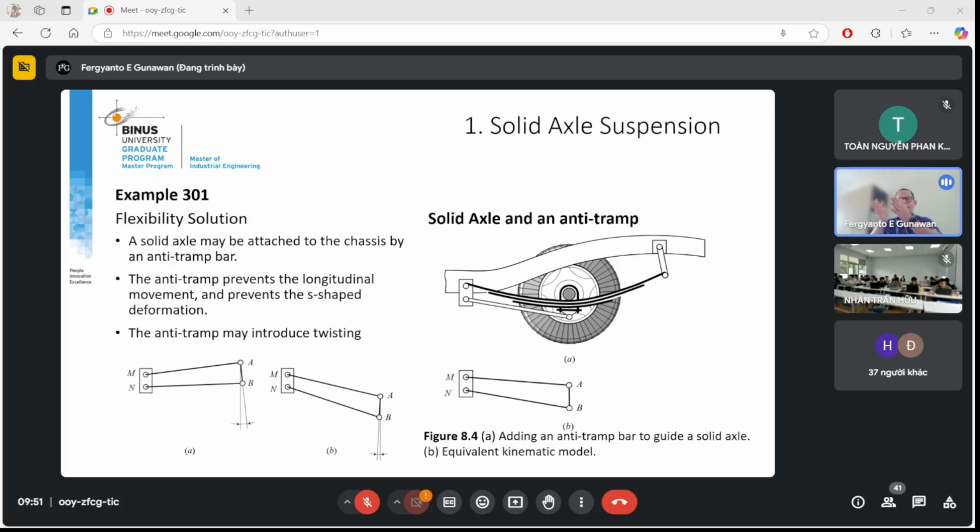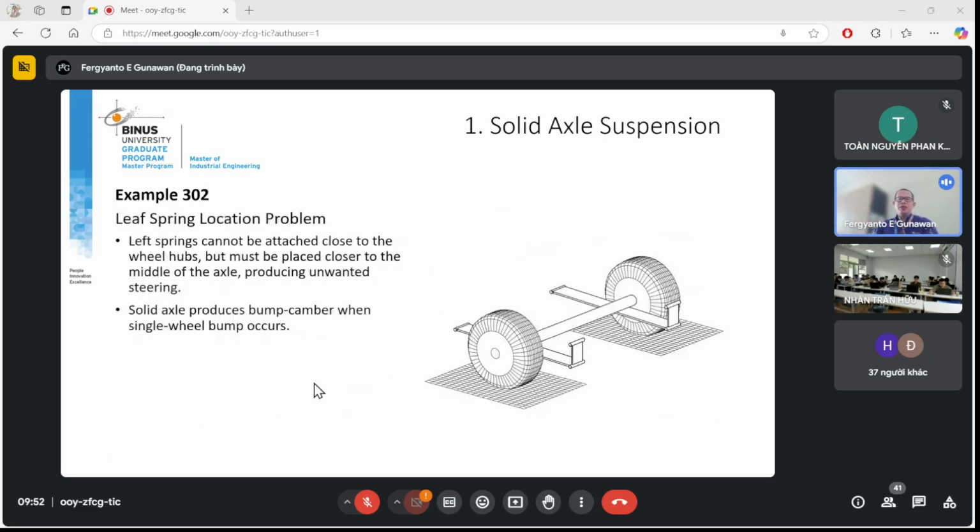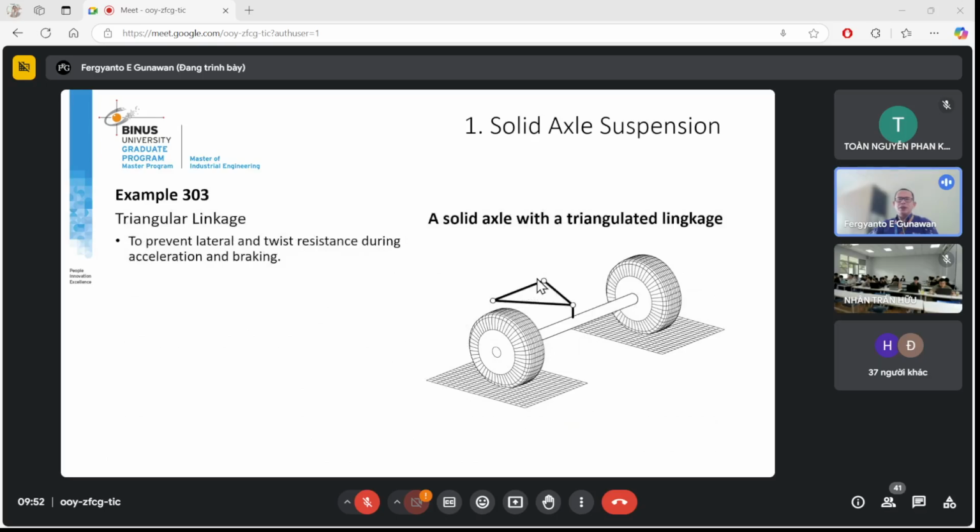So the longitudinal direction can be stopped. However, we cannot stop the movement in the lateral direction of the vehicle. So we need additional structures that block or stop the lateral movement of the vehicle. And this can be achieved by introducing this kind of linkage, right? So the linkage has some stiffness in this lateral direction. So now we can stop the lateral movement.